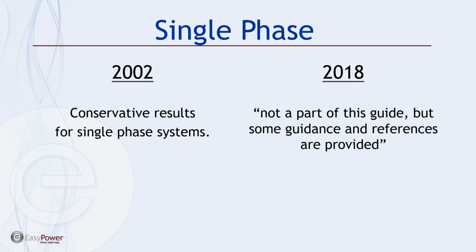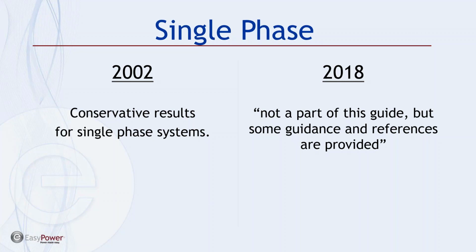Single phase. The bottom line is nothing changed. In terms of the 2018 guide, single phase arc flash is not part of this guide, but there is some guidance and references provided, which to me sounds a little bit weird, but that's the way it states.